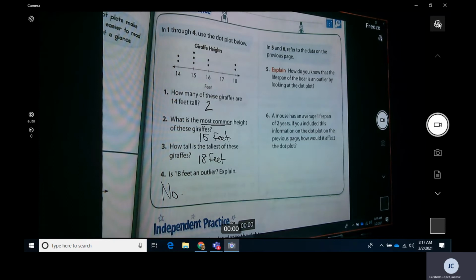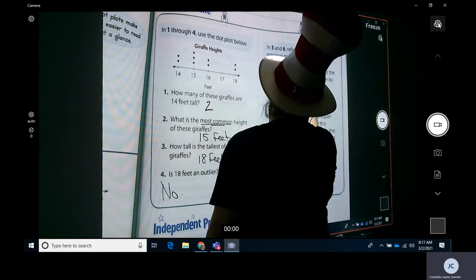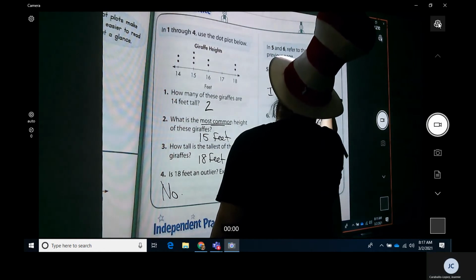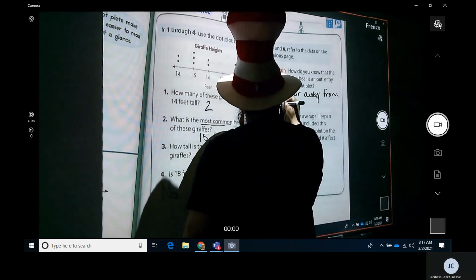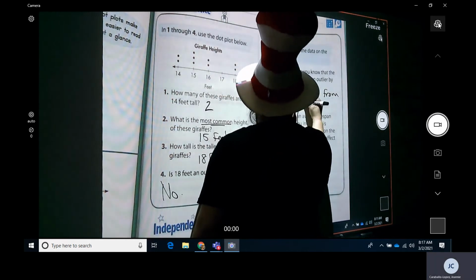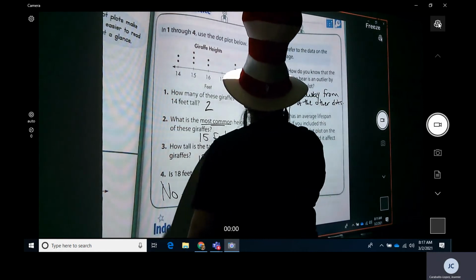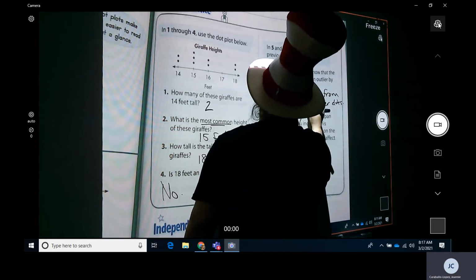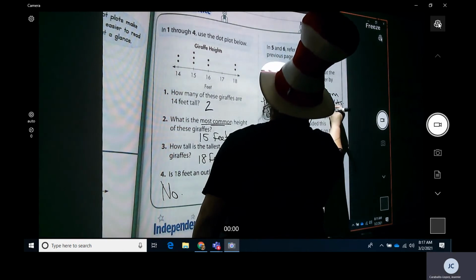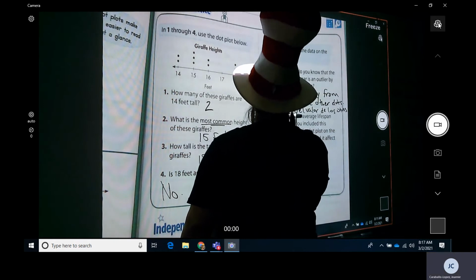So la contestación es, it is far away from the value of the other dots. Está lejos del valor de los otros puntos. Okay?